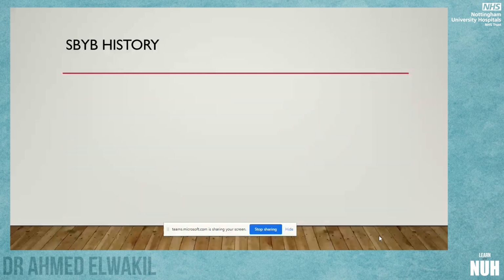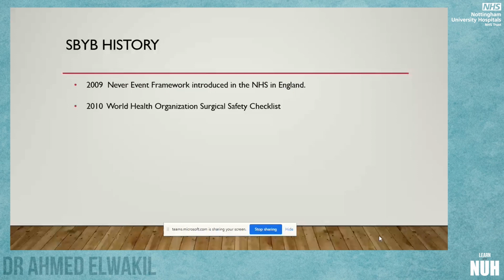Going briefly through the history of the Stop Before You Block, I want to say that since 2010 there have been a number of safety initiatives implemented, focusing on reducing this problem. It started from 2009, when NHS introduced the never event framework, and then included the wrong-sided block in 2015 to be one of the never events.